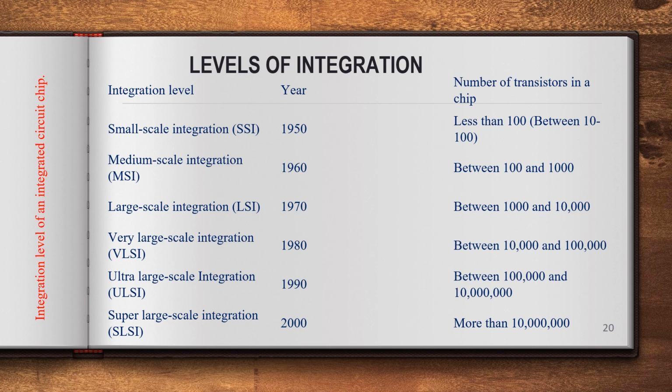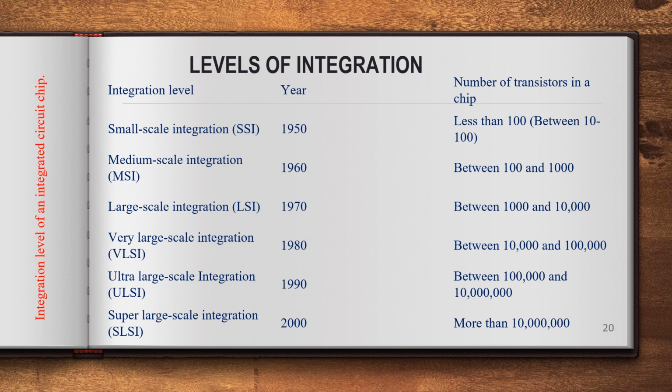Medium scale integration, MSI, was used in the 1960s. In this integration, components are between 100 and 1000. Large scale integration, LSI, was implemented in the 1970s and uses components between 1000 and 10,000. VLSI, very large scale integration, was implemented in the 1980s, and the components used are between 10,000 and 1 lakh.